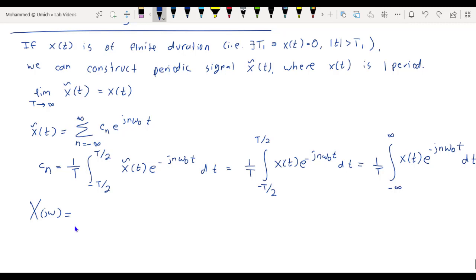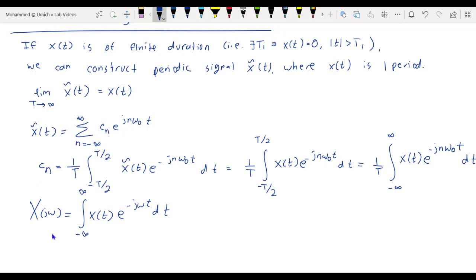And so if we define the envelope X of j omega of the scaled Fourier series coefficients T times Cn as X of j omega equals the integral from minus infinity to infinity of x of t e to the power, instead of minus j n omega naught, which becomes a continuous variable omega, so x of t e to the power minus j omega t dt.